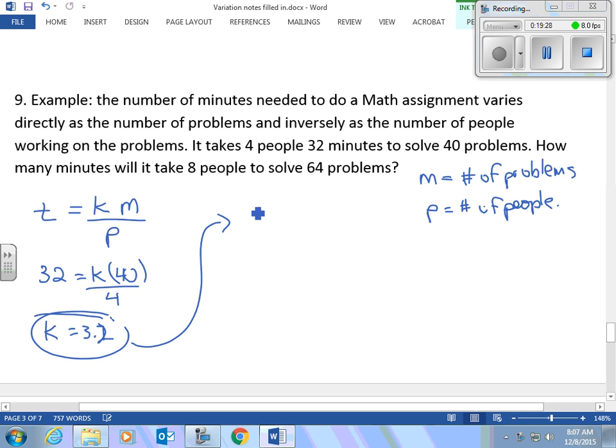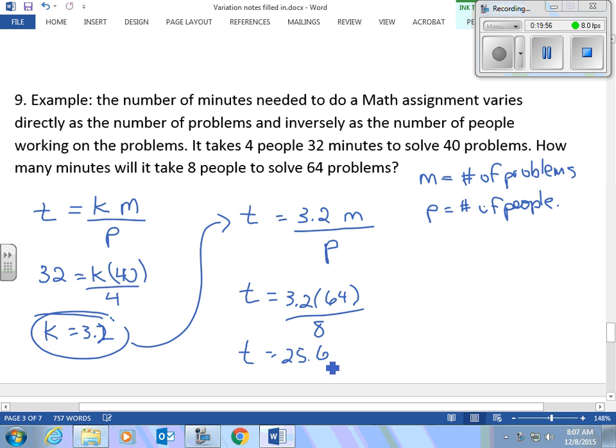So now we can say that the length of time will take 3.2 times the number of problems divided by the number of people. So now we have the question, how many minutes will it take 8 people to solve 64 problems? So T will be 3.2 times 64 divided by 8, and our time will be 25.6 minutes.